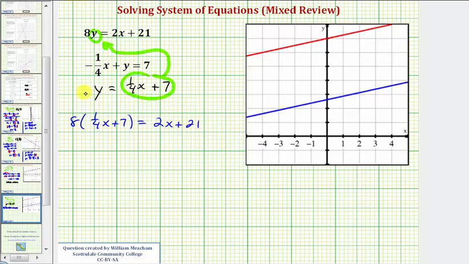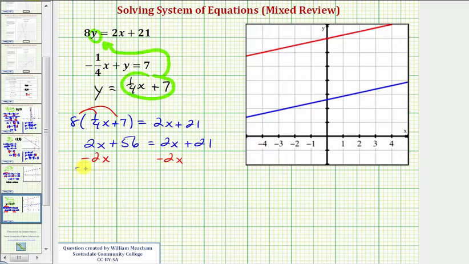Now let's clear the parentheses by distributing. Well, 8 times 1/4 x would be 2x, so we have 2x plus 8 times 7, which is 56, equals 2x plus 21. Notice here we have x terms on both sides of the equation. Let's go ahead and subtract 2x on both sides.